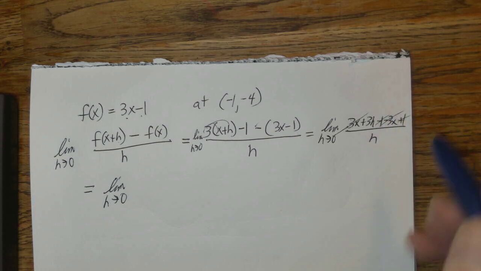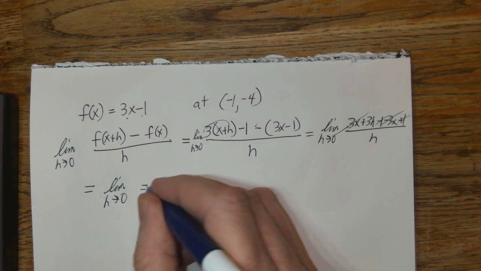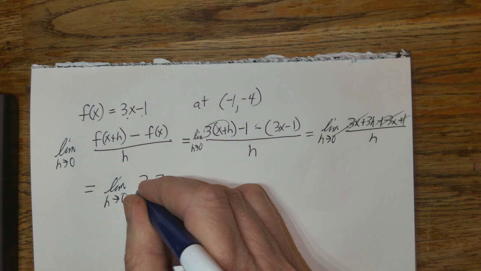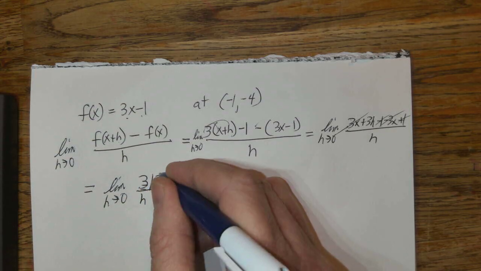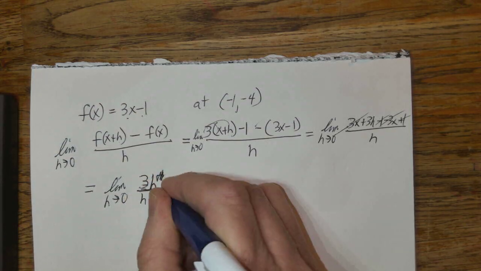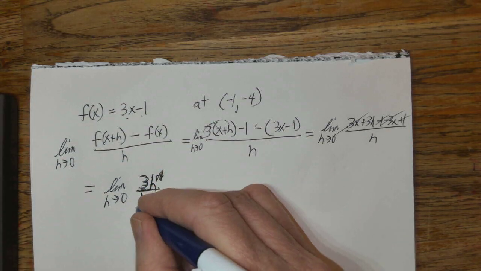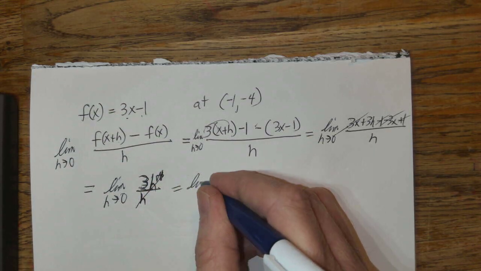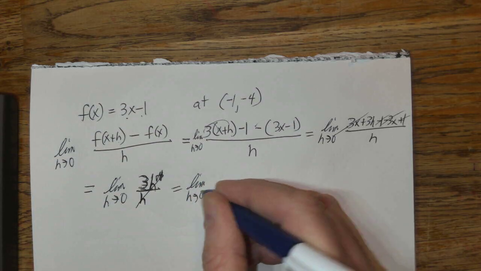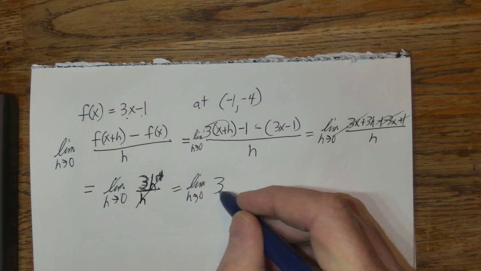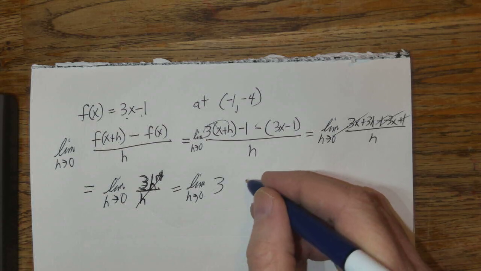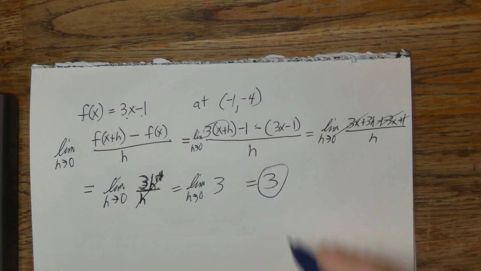The negative 1 and positive 1 cancel out. Of 3h over h. Those cancel out, so the limit as h approaches 0 of 3, there's no h to put in, that's plain old simple 3.